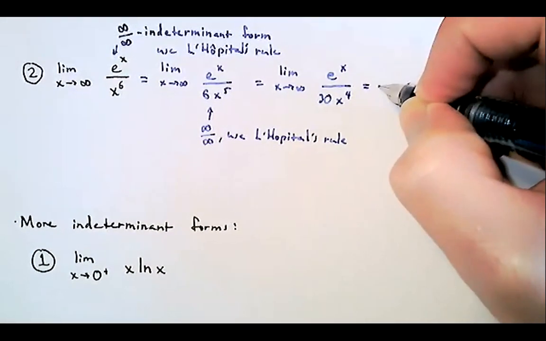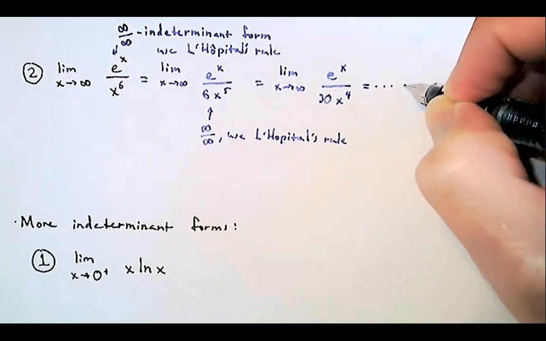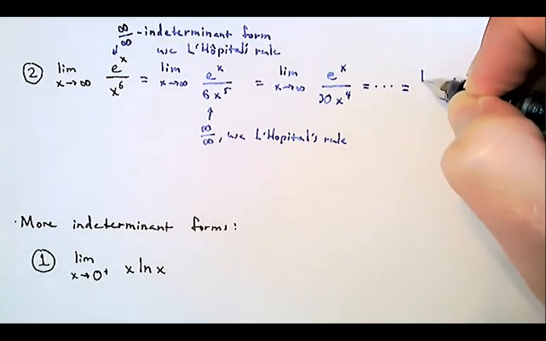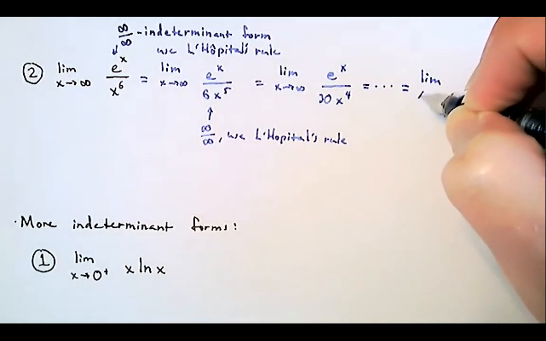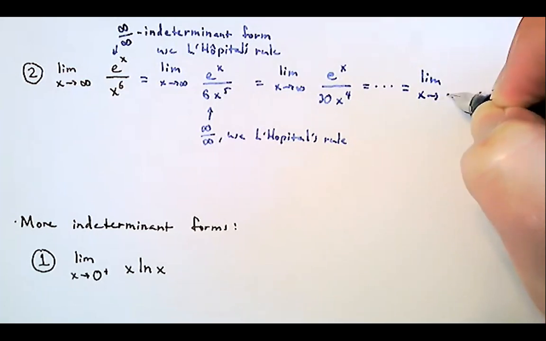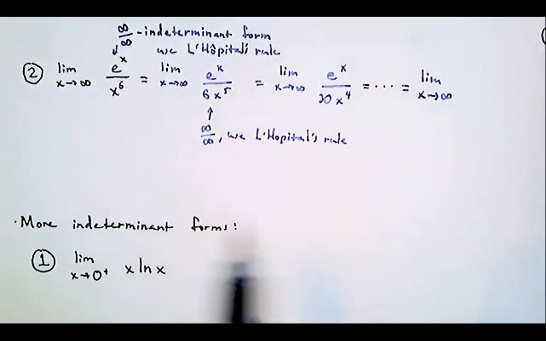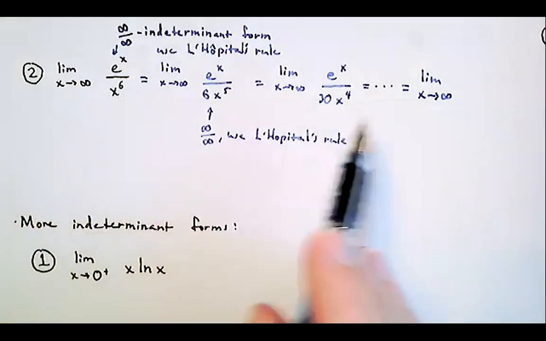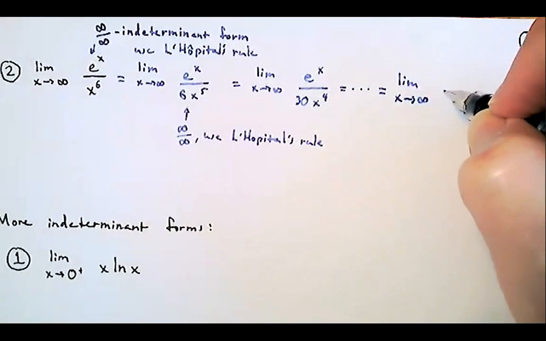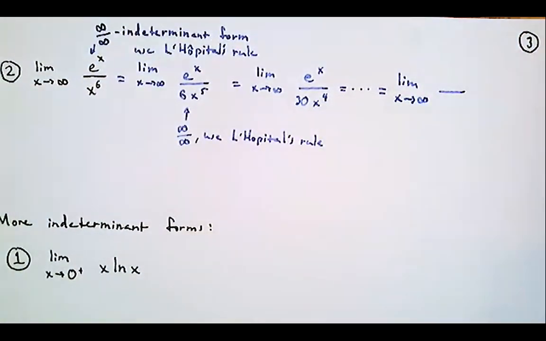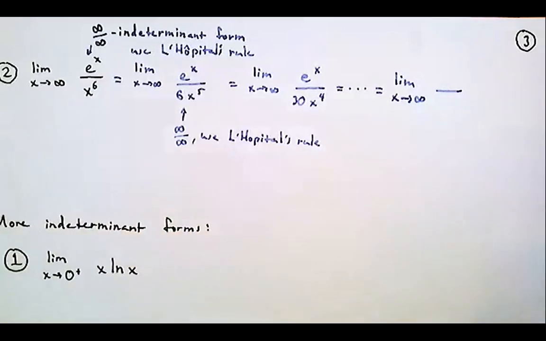So I don't want to write all of that out. I just want you to think about what would happen. So what would you get in the bottom of this after you apply L'Hopital's rule? You'll get a constant, right? And what number would it be? Can you tell?